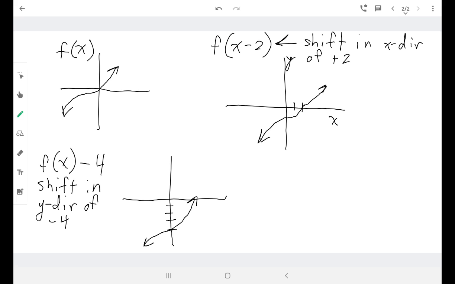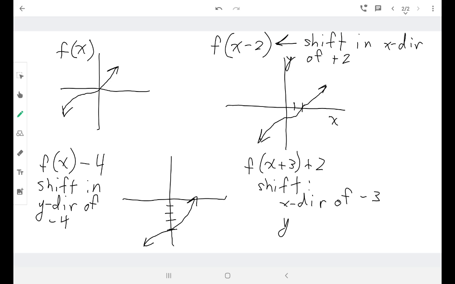And then, of course, you could have one where you do both. We could do f of x plus 3 plus 2, and then I have shifting in both directions, and so we would have two of them. We would have one in the x direction, which happens opposite of what you expect, so it would be a shift in the x direction of minus 3. And we would have one in the y direction, not grouped with x, which happens exactly the way you expect it to, so a shift in the y direction of plus 2.